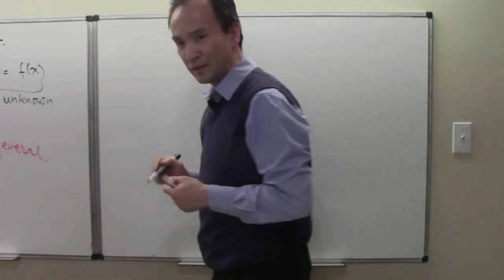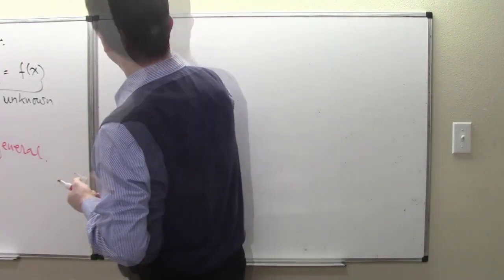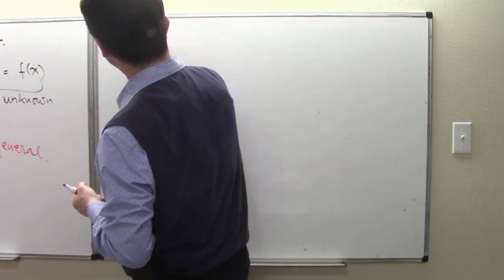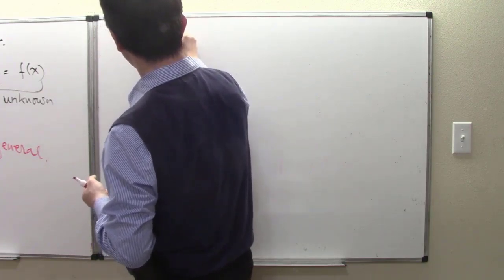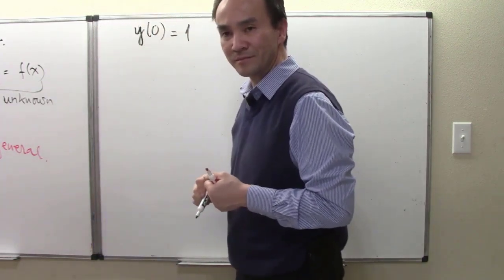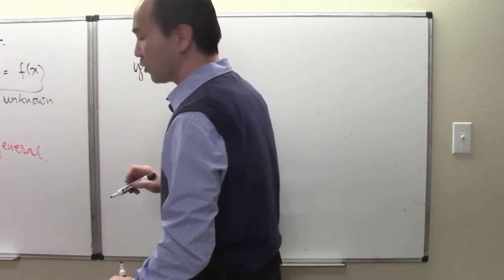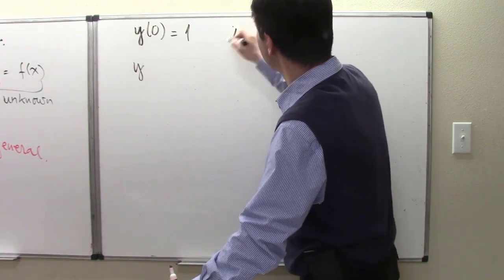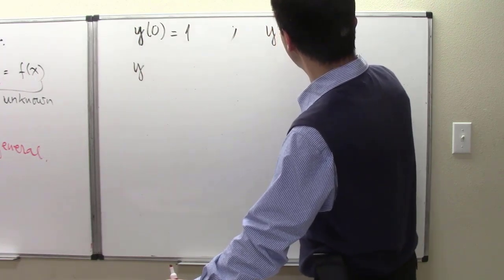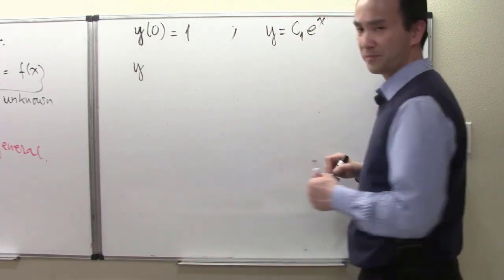And so in that way, from the given requirements, y of 0 equals 1. But according to the general solution we have found, again, let me write it down right here: y equals c1 times e to the x. Okay?